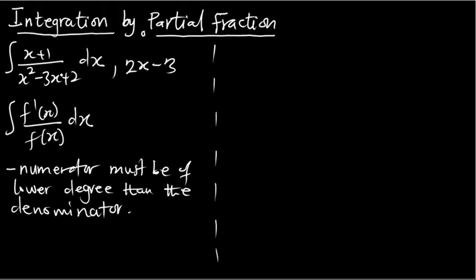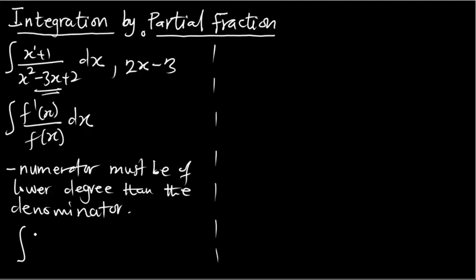For example, this example is a perfect example. The highest power in the denominator is squared, the x is squared, and with the numerator, it is x raised to the power what? 1. Are we okay? If the numerator is equal or greater than the denominator, we then use long division to reduce the power of the numerator.